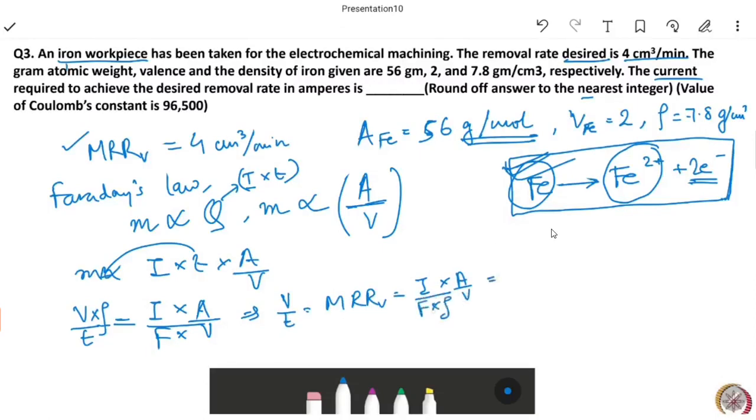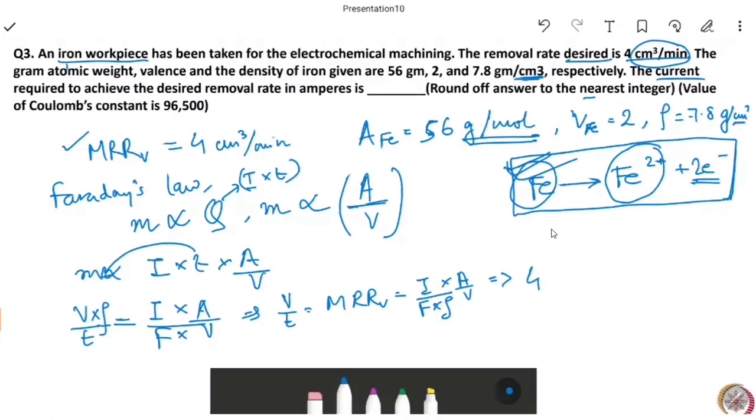Now if you plug in the values, you should also be attentive with the units. 4 centimeter cube per minute, and here also you have gram per centimeter cube. But minutes should be converted to seconds, because this Faraday's constant is not unitless, rather it is carrying some units, in SI.